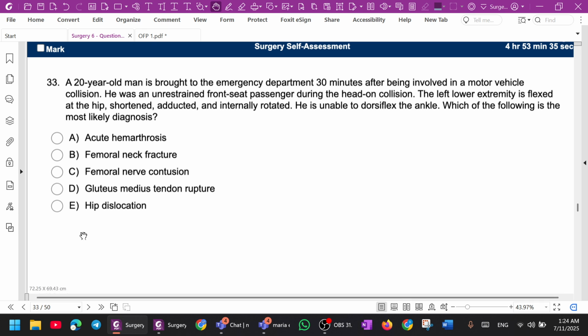Ready? Now give me a second. It's either neck fracture or hip dislocation, isn't it? The left lower extremity is flexed at the hip, shortened and adducted, so like this. And he's unable to dorsiflex the ankle, so it will be involvement of the peroneal nerve also.